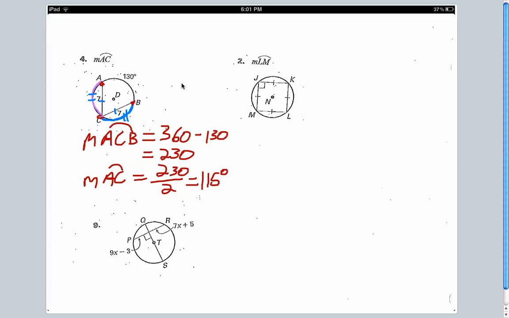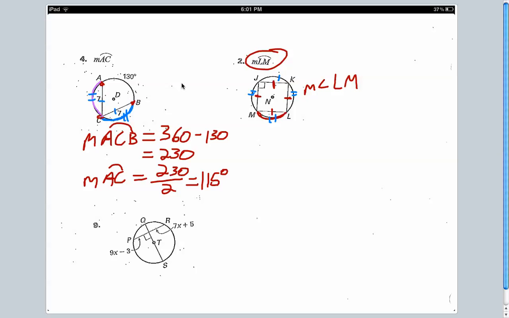Number 2, I want to find the measure of arc LM. Alright, well, if I want to find from L to M, and I know that all these segments here are congruent, that must mean that the measure of arc LM is going to be 360 divided by 4, right? Sorry, back up. I know that all these arcs are congruent, so I can put in little dash marks here.